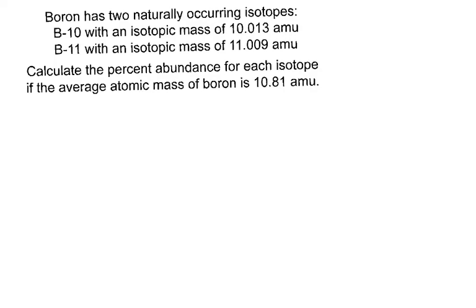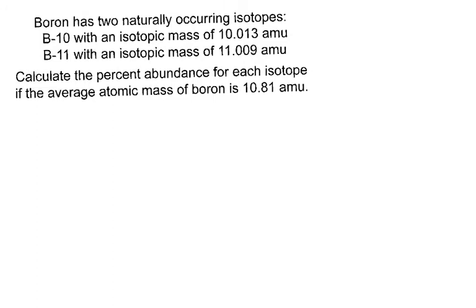We're given the average atomic mass of boron, and then we're also given the mass of boron 10 and boron 11, and we want to find the percent abundance for each one of these isotopes. So the thing that we have to remember is that the fraction of boron 10 and the fraction of boron 11 are going to add up to be 1.